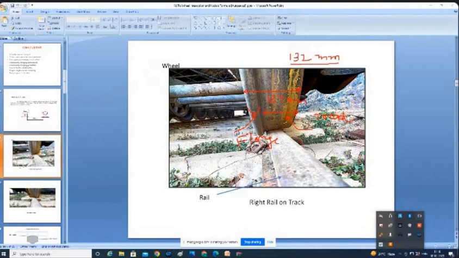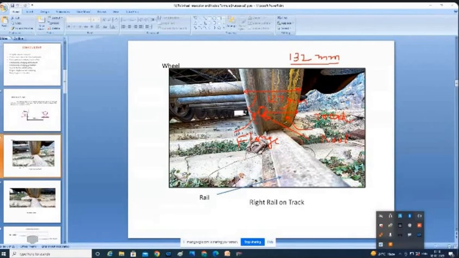Where the tread and flange join together, this area plays a vital role in derailment. This area we call a root, R-O-O-T, the root of the flange.